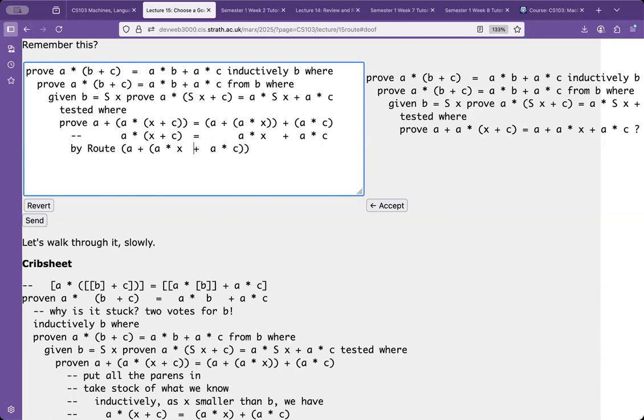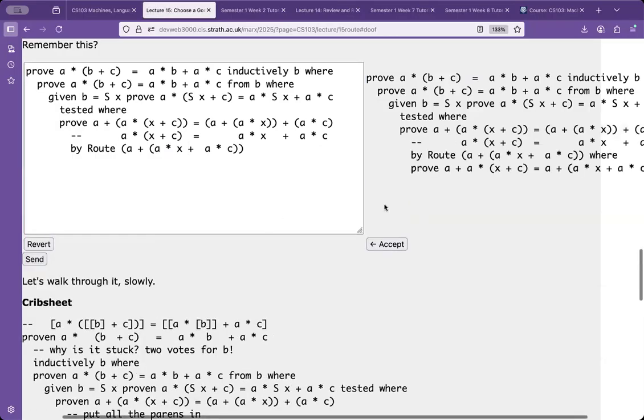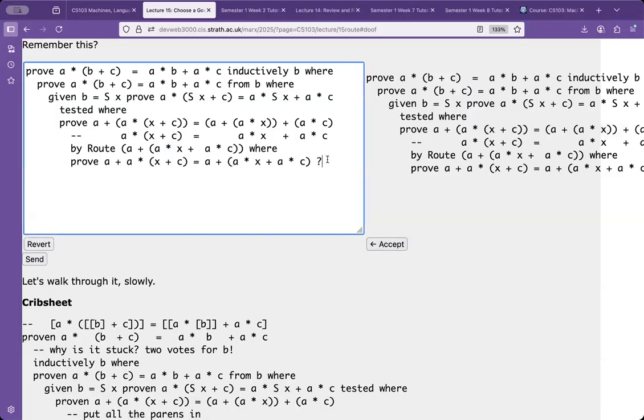Okay, so what have I done? I've switched out one sub-expression from the left-hand side of the goal, and I've replaced it by a different sub-expression which is known to be equal. So that is a step I know I will be able to justify. Right. What's amazing is that I get only the left to middle sub-goal, which is to say, justify that step. And you can see I've got, by design, A plus left-hand side of induction hypothesis equals A plus right-hand side of induction hypothesis.